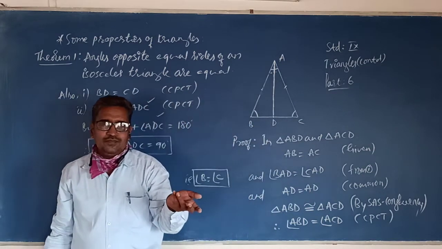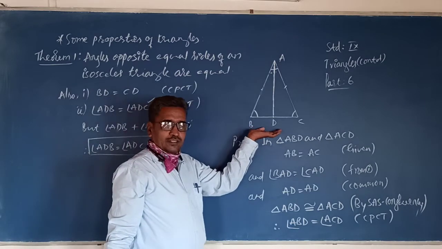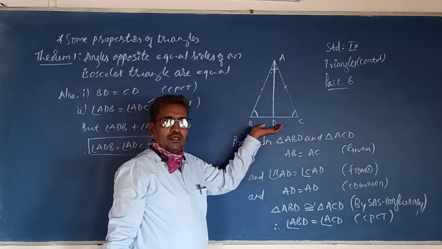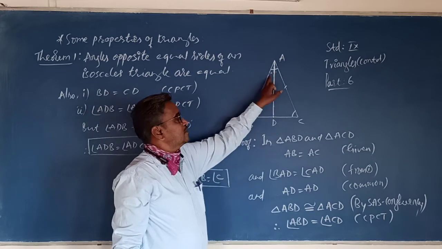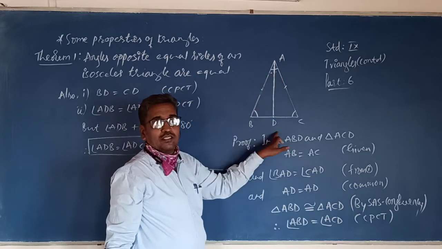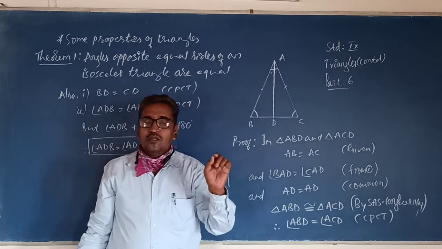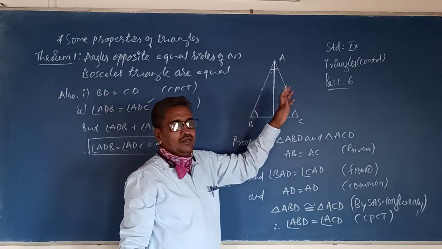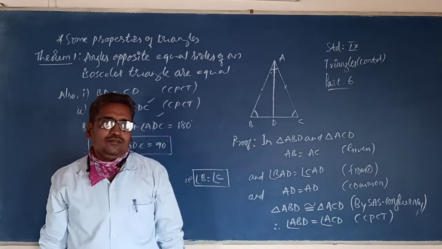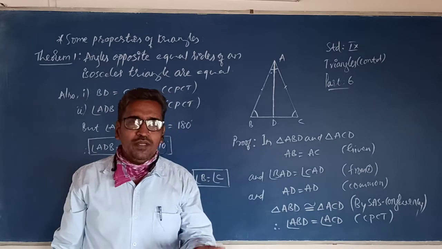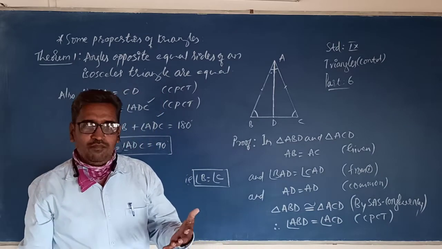See, it is perpendicular to the base, bisects the base. The very important property. Once again, the bisector of vertex angle of an isosceles triangle is always perpendicular to the base, bisecting the base.